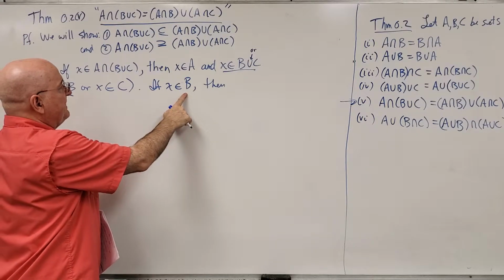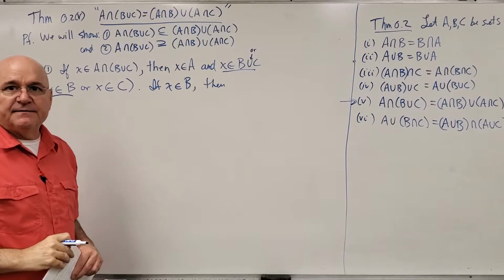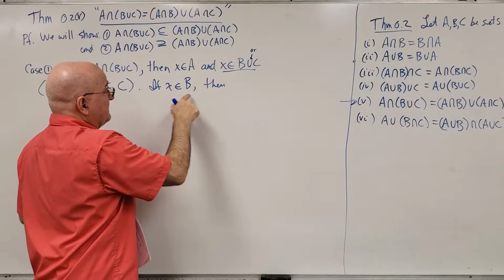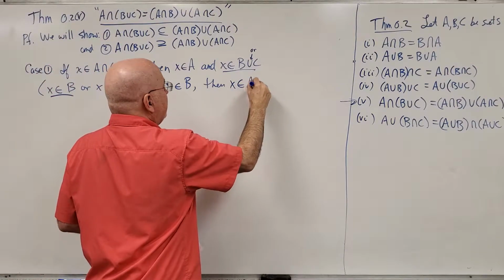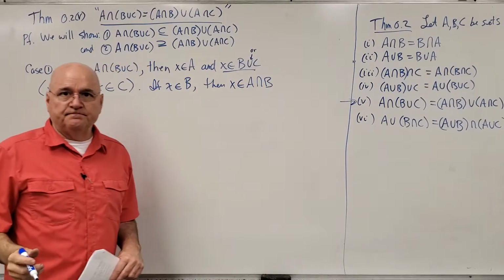If X is in B, we already know that X is in A, right? So X is in A. If X is in B, then X is in A intersect B. It's in both of them.